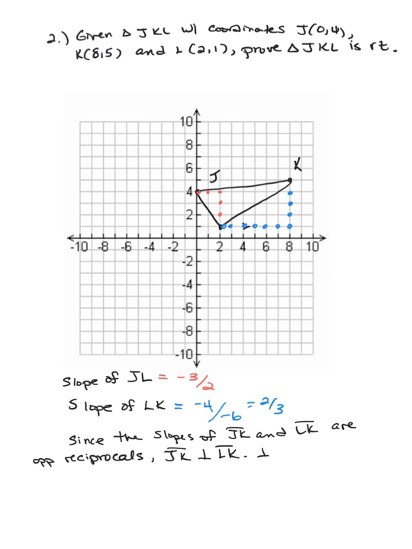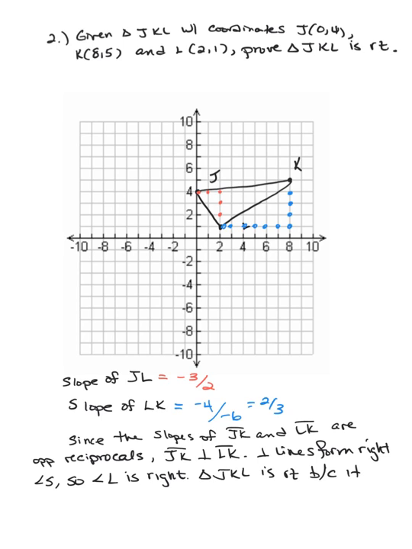And then you would say perpendicular lines form right angles. So angle L is right. And then last, you would say triangle JKL is right because it has a right angle.